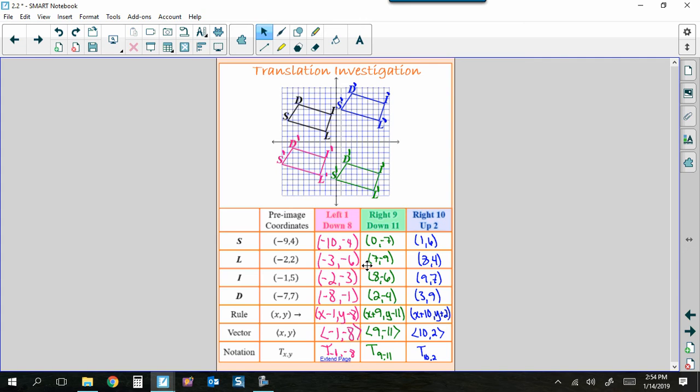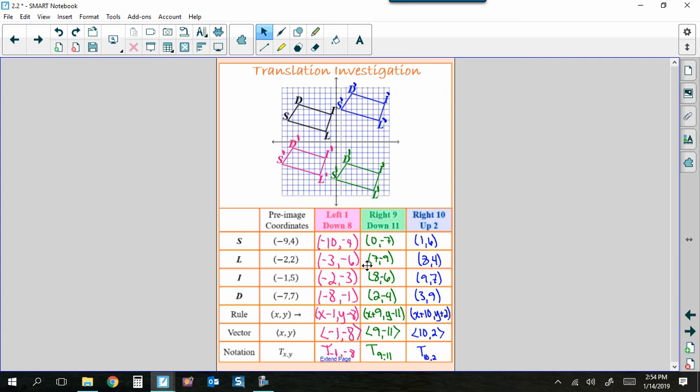For the last one, the right 10 up 2, you should have gotten 1, 6, 8, 4, 9, 7, and 3, 9 using the rule x plus 10, y plus 2 with a vector notation of 10, 2 in angle brackets and a notation of capital T subscript 10, 2.